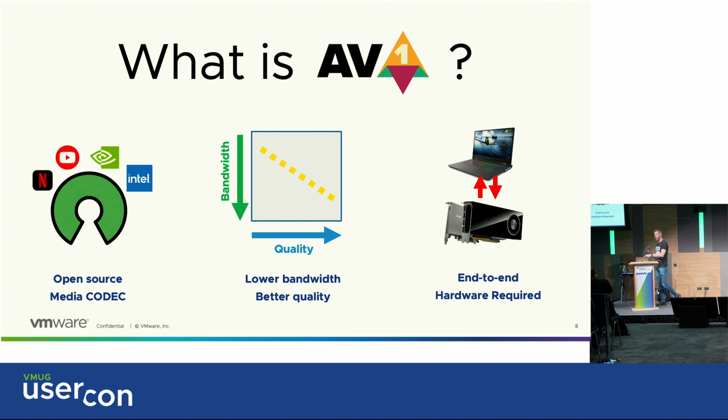So for the demos, I'm going to switch over to the laptops. If you don't have the AV1 option in your Horizon client, it means that the client doesn't support it. So it is a downside, but it requires a GPU simply because of the impact to your local system.